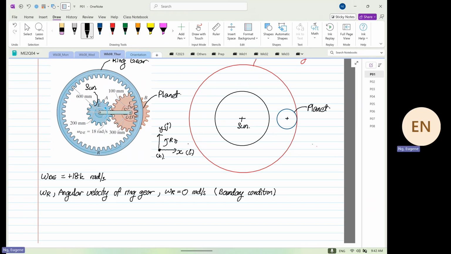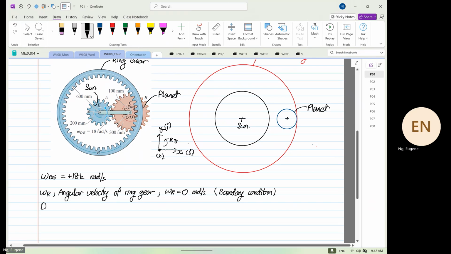So we are going to determine the angular velocity of the sun and planet.